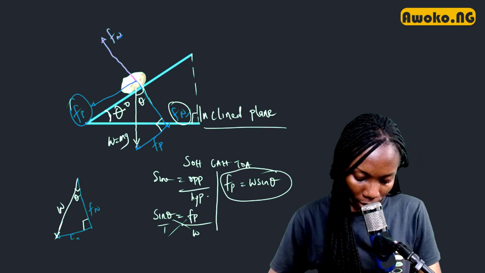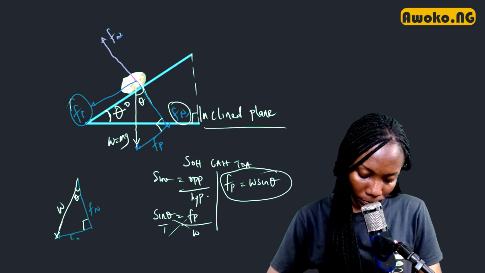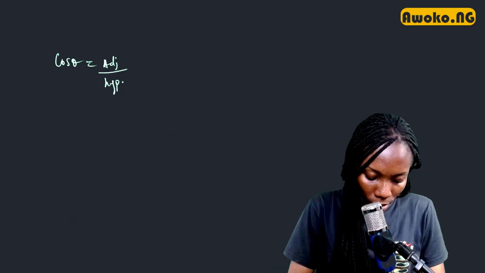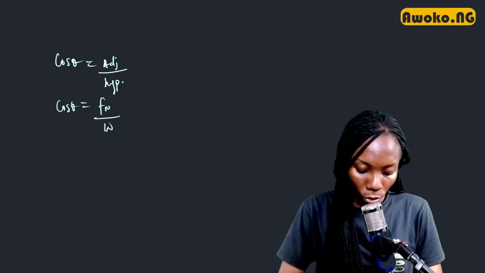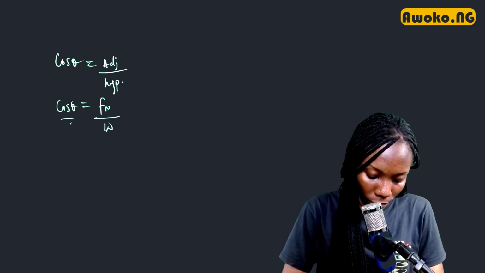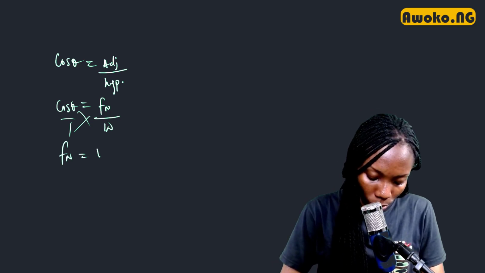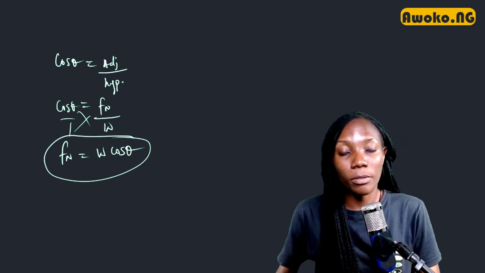Let's make references. From this triangle, our adjacent becomes Fn. So we have cos theta equals Fn over W. To get our normal force, we have Fn equals W cos theta, and we've been able to get our normal force.